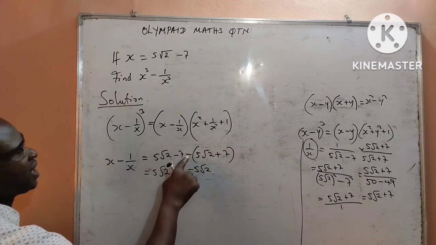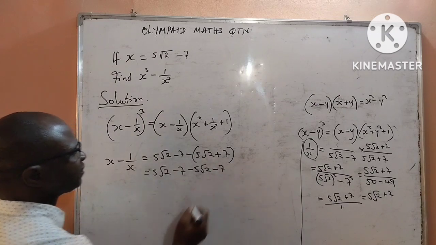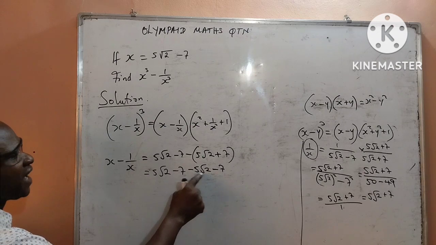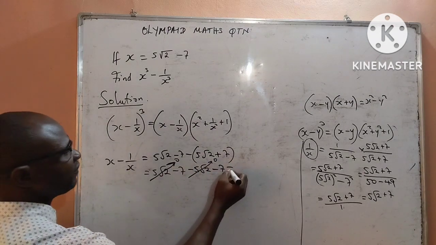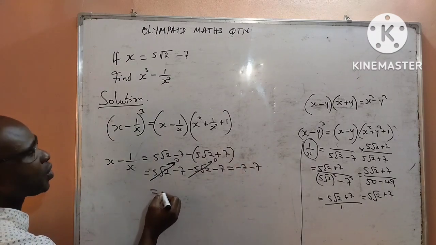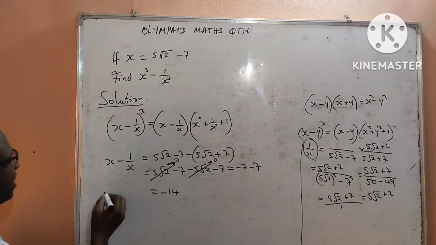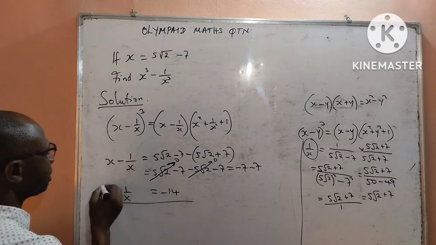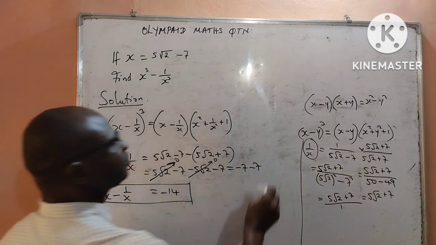A negative sign multiplied by a positive sign will give me negative 7. You can agree with me that 5 root 2 will cancel out negative 5 root 2, leaving me with negative 7 minus 7, and that is equal to negative 14. We can simply say that x minus 1 all over x is equal to minus 14. We move on.